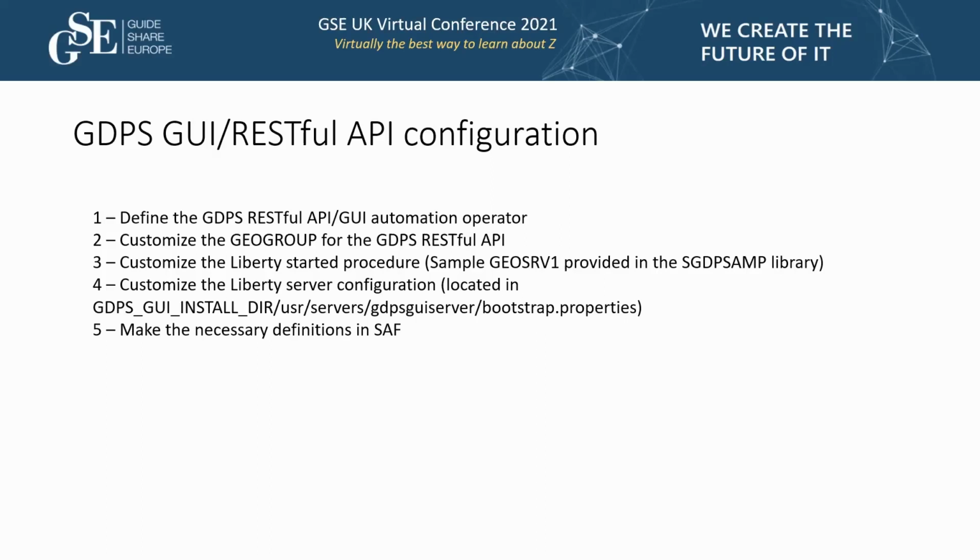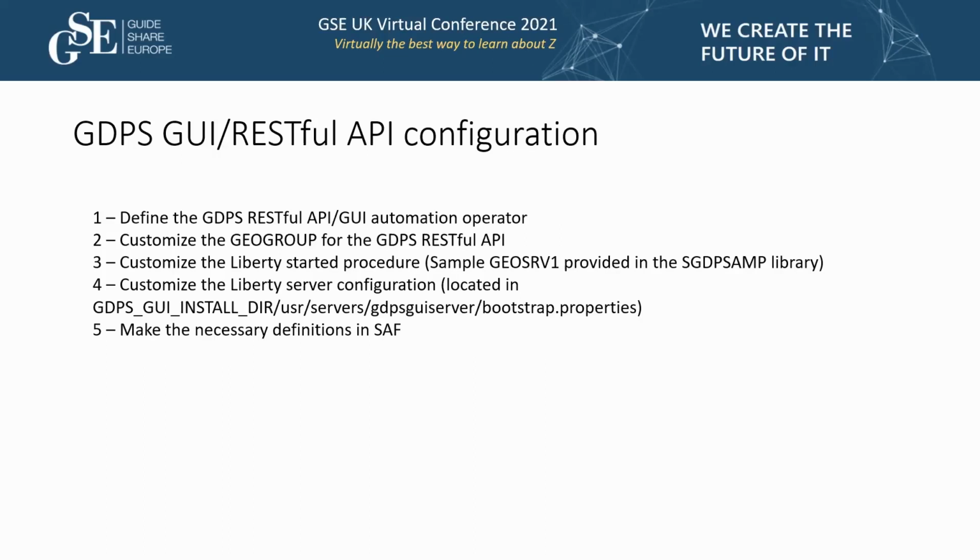GDPS will provide a sample STC in the SGDP SAMP library, but it will need to be customized to match your environment. For instance, you will need to provide the path to the Java, and you will also be able to customize the Liberty output directory for log files, for example.